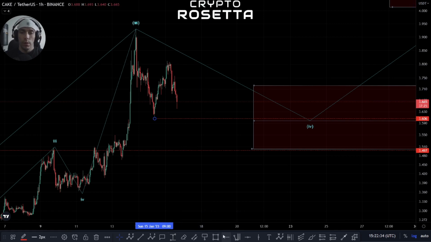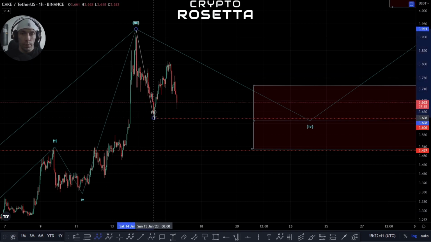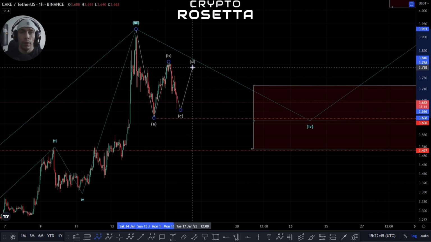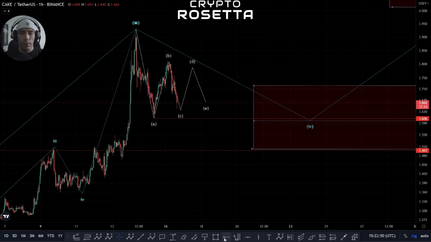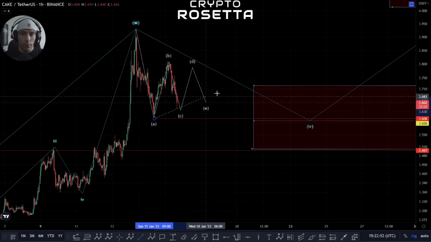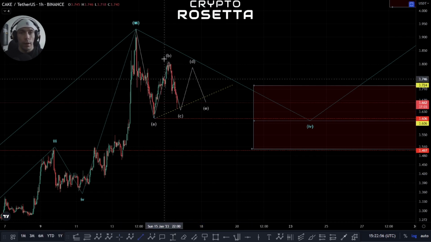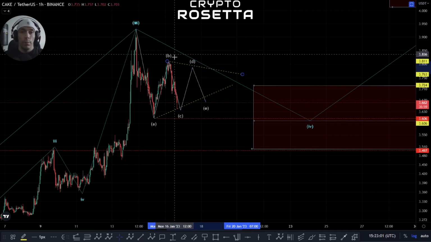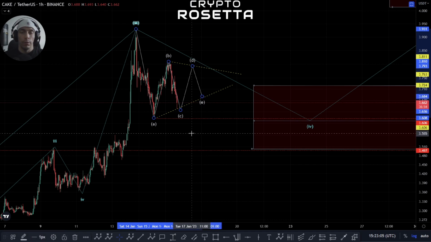There is the possibility we're forming a triangle within this, where this could become a C wave. We look for that D wave and an E wave, and within this structure, this would fall between contracting diagonal lines. We'd be looking for this A, B, C, potentially to come up for a D wave, and then to push down for that E wave.